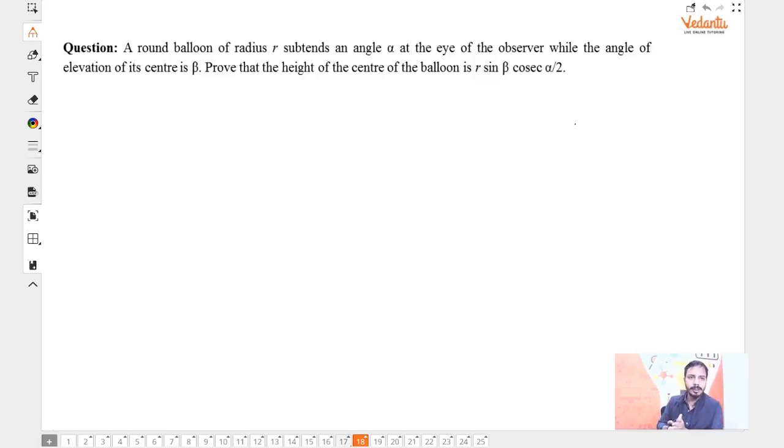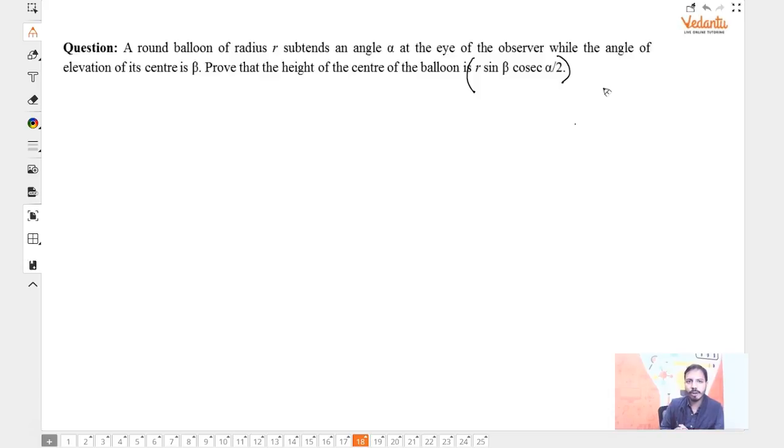So next question is, a round balloon of radius r subtends an angle alpha at the eye of the observer, while the angle of elevation of its center is beta. Prove that the height of the center of the balloon is r sine beta cosec alpha by 2.